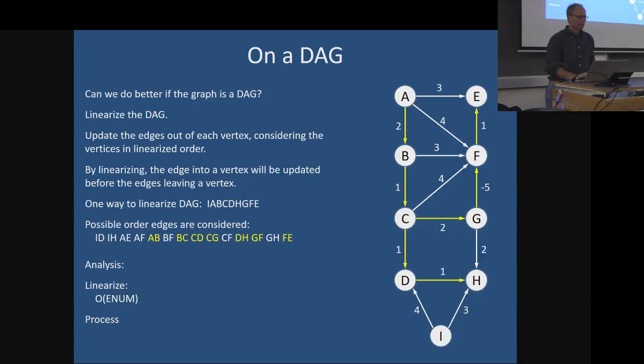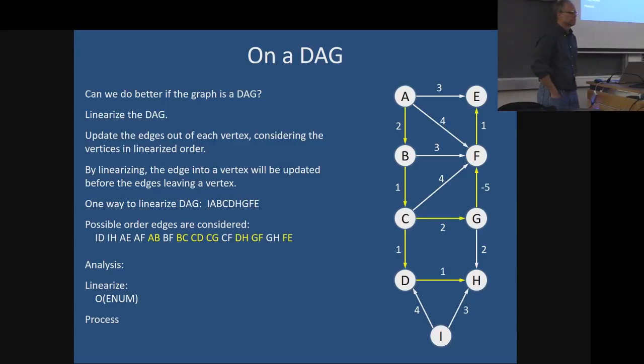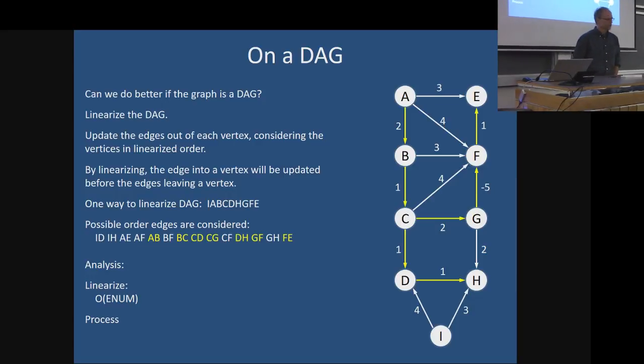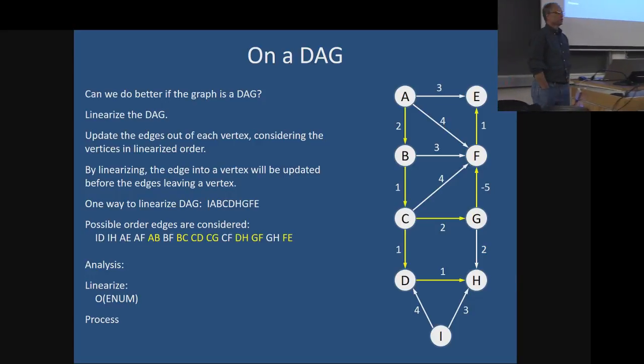And then, what about dealing with the vertices? Updating each edge. What's the cost of updating a single edge? Constant. That's constant. What's the cost of updating all the edges?